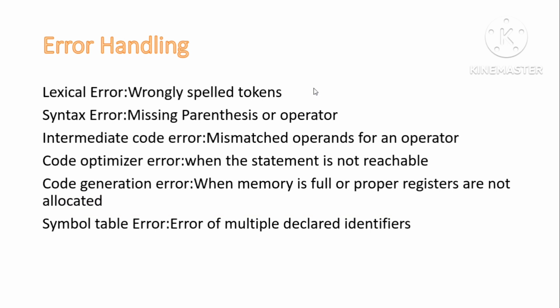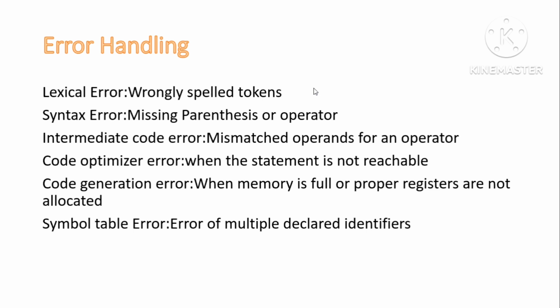So, error handling is actually responsible for notifying the user or a developer whenever an error is made while operating on the code. So, lexical error means when you misspell a token in the wrong way. Syntax error means, for example, if you are missing the parenthesis in an if or for loop.